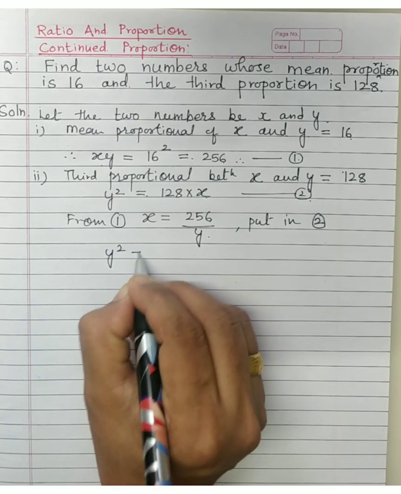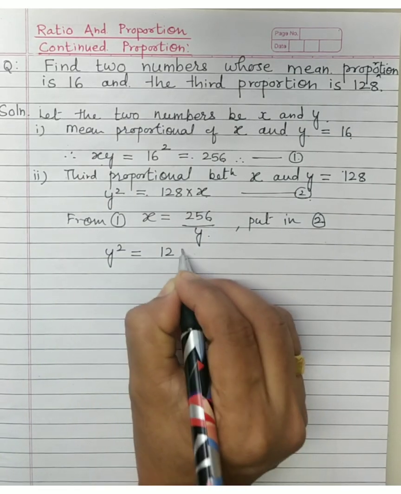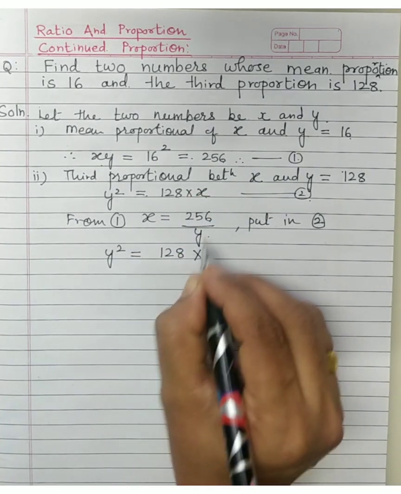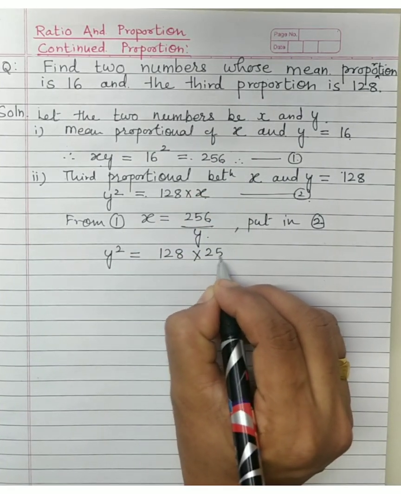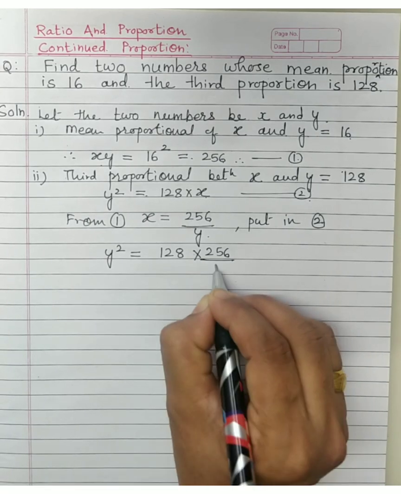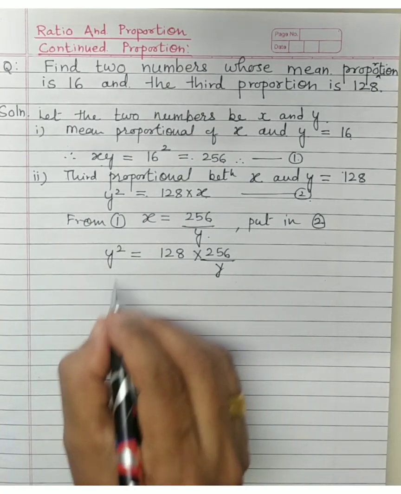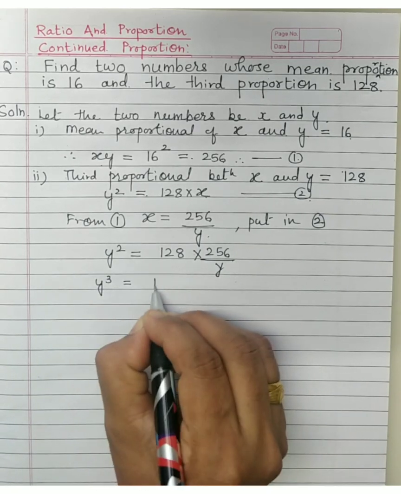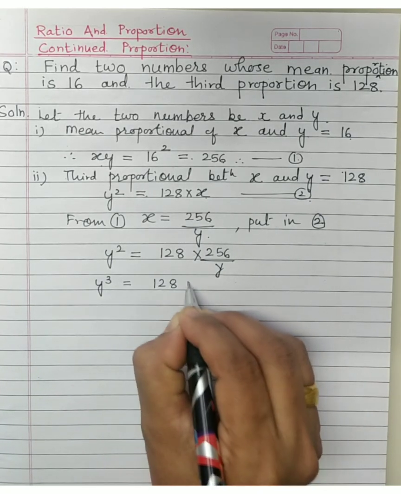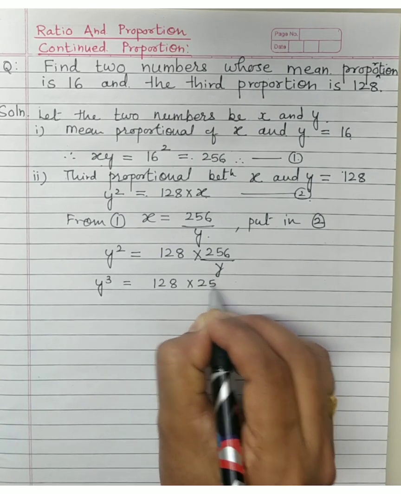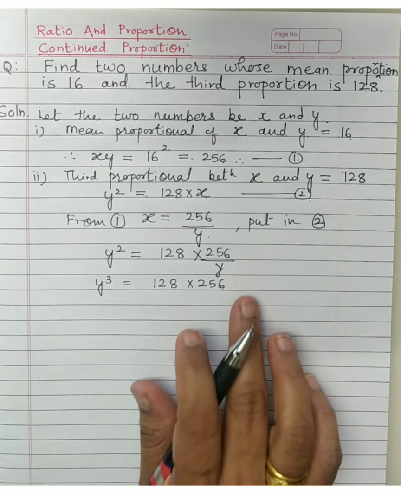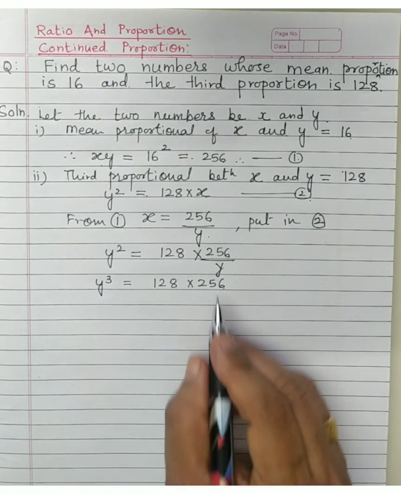Y square is equal to 128, and in place of X you write 256 upon Y. Shift Y over here, you get Y cube is equal to 128 into 256.